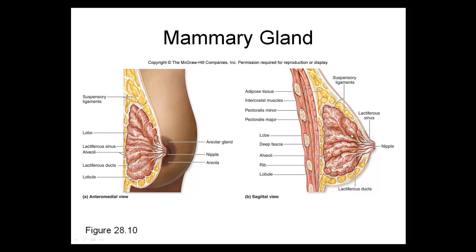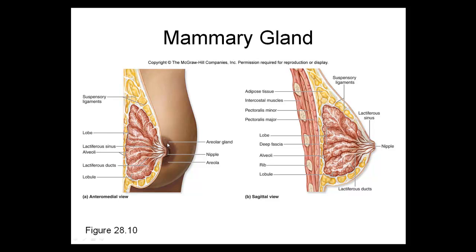So here are the lobes of the lactiferous glands, and these are modified sweat glands that started to secrete milk. We have other glands around the areola, and these are sebaceous glands, somewhere in the middle between milk and sweat, and these are very important.